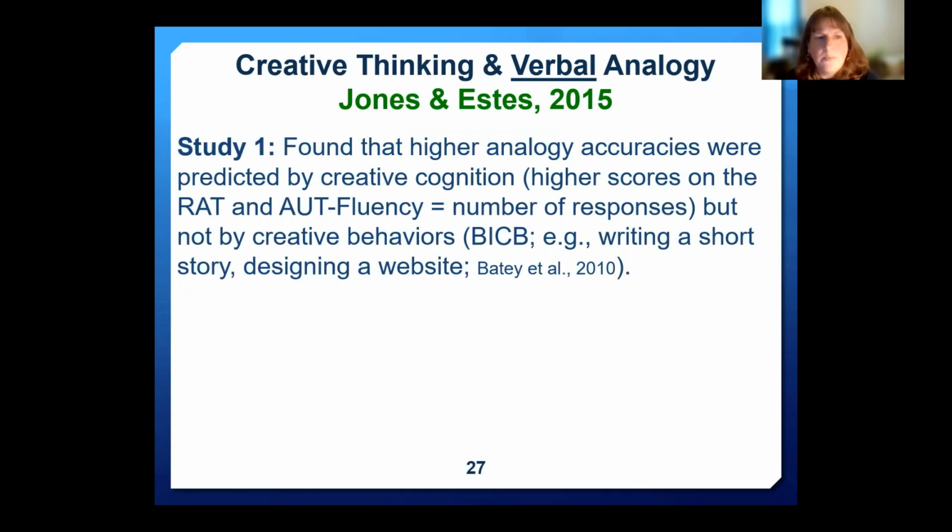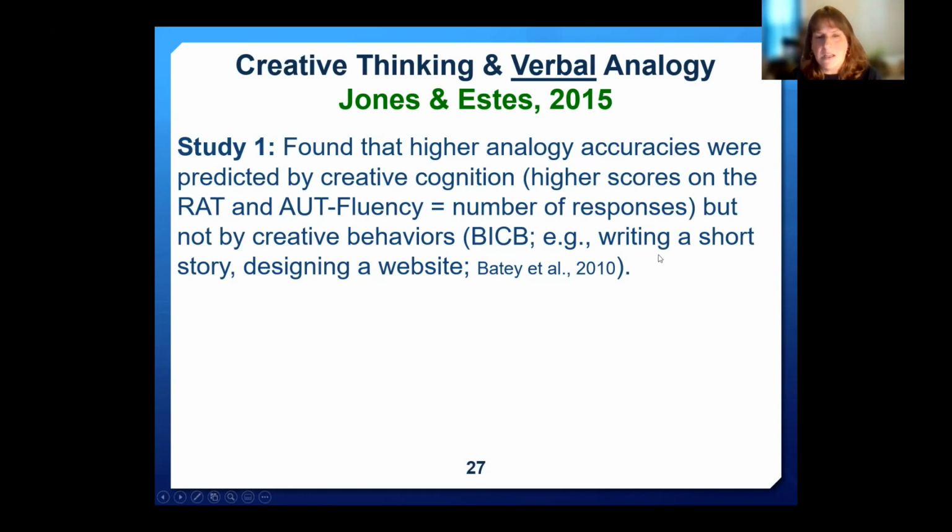So in the first study, we found that higher analogy accuracies were predicted by creative cognition, meaning higher scores on the remote associates test and the alternative uses test, in particular fluency, which is an aspect of divergent thinking focused on how many responses the person generates.